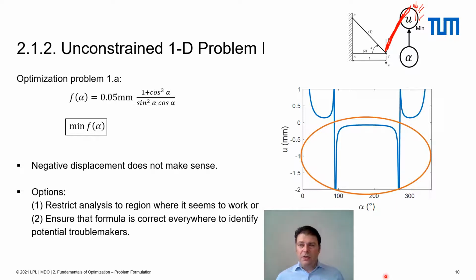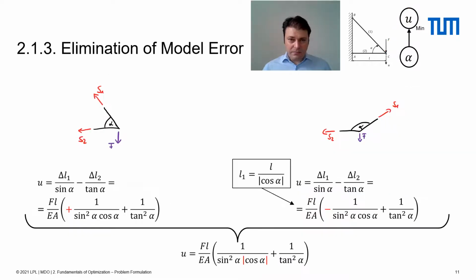And you want to put all your energy into making sure that the optimization algorithm is doing the right thing, or the model you're using is correct. So if you encounter something like this, you should try to eliminate it. It should make sense to you why this displacement is negative. And this is what we're going to do right now in this lecture. It turns out that we have a little error in our model.